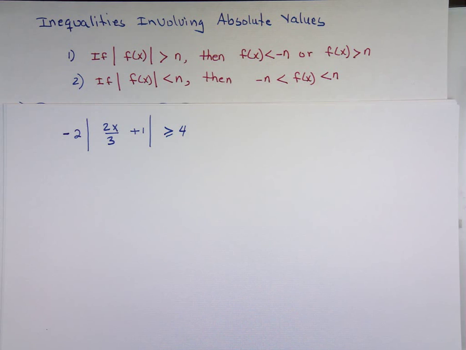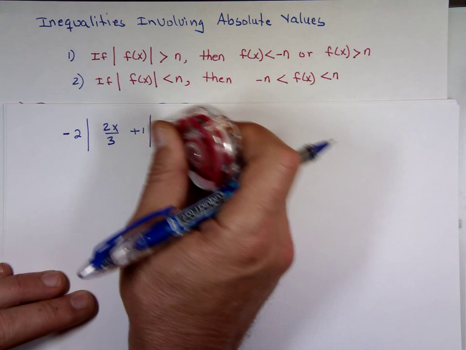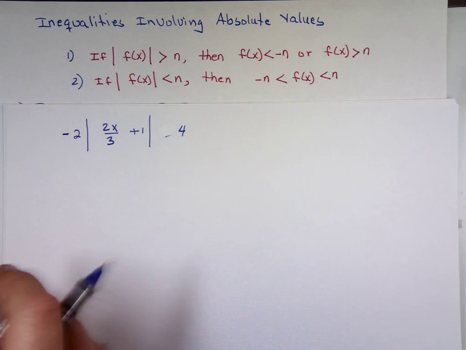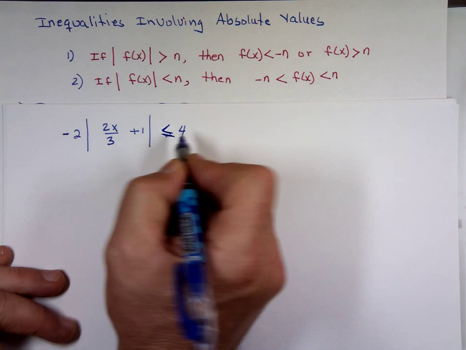You know what? I really have no idea if it's going to work or not, so let me be on the safe side. Let me make it less than or equal to 4. I'll make sure that works.